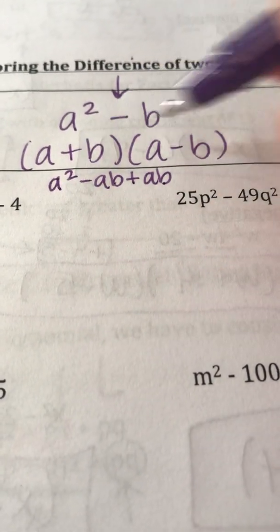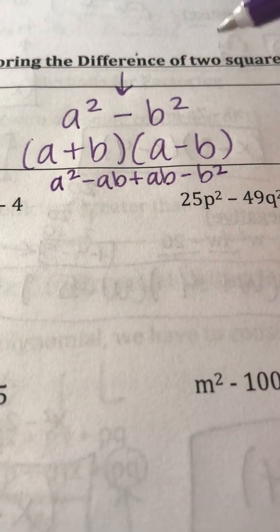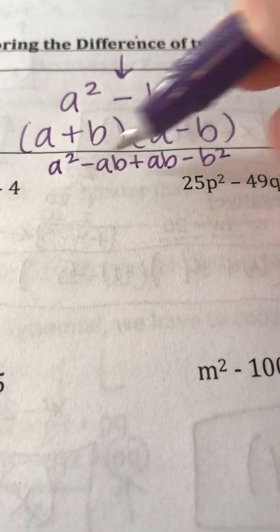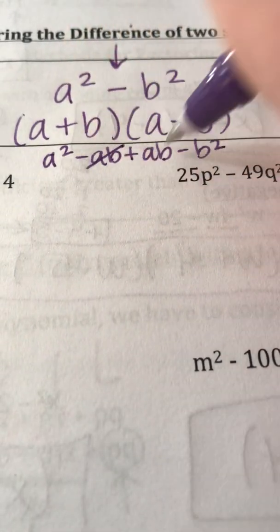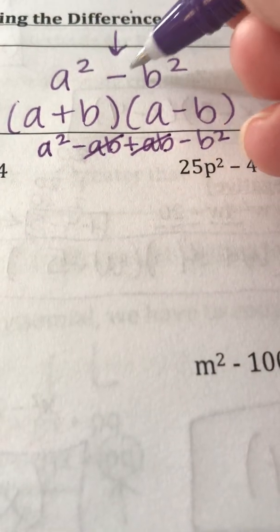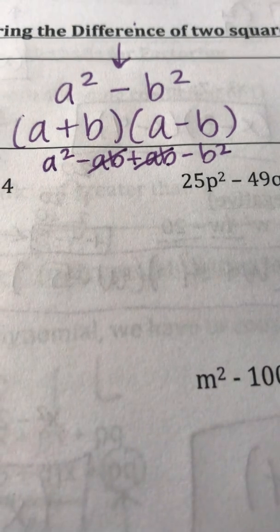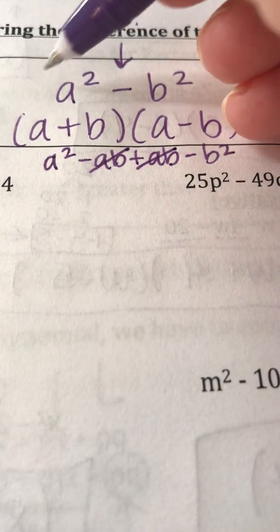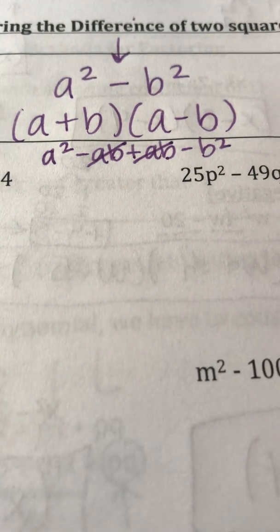And then positive b times negative b is negative b squared. If we look here, we can combine these middle terms. Negative ab plus positive ab, those cancel out. And what we have left is a squared minus b squared. Okay? So this will work every single time. What we have to look for is a squared value here minus a squared value here.